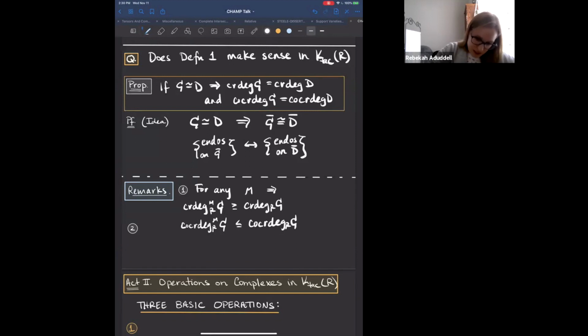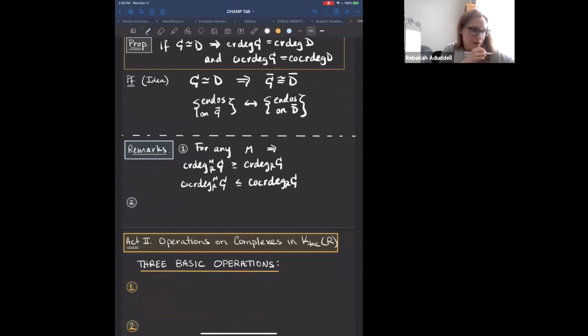This just makes obvious that we can use the relative critical and co-critical degrees as bounds for the actual critical and co-critical degrees. And that was one of the reasons why we chose to talk about critical degree and co-critical degree relative to an actual endomorphism.